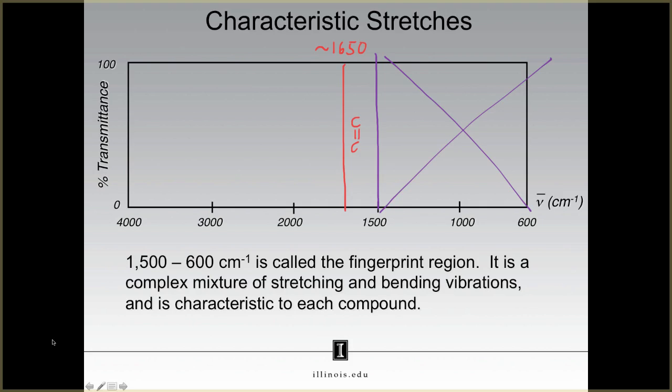The next region to be on the lookout for is at approximately 1700 wave numbers. In this region we see carbonyls. Again, carbonyl stretches might be above 1700, they might be below 1700, but they should be somewhere in the area. The next region to look at is at around 2200 wave numbers.